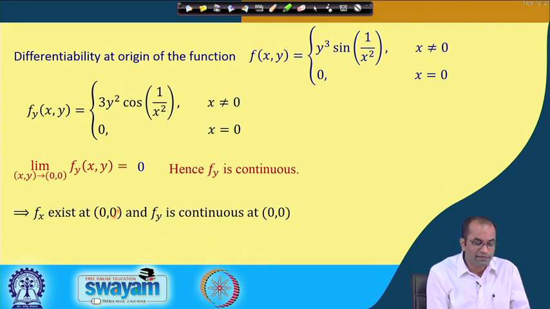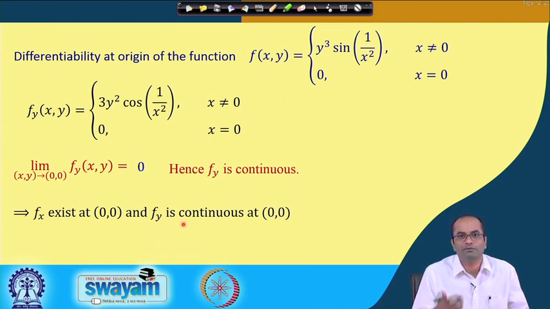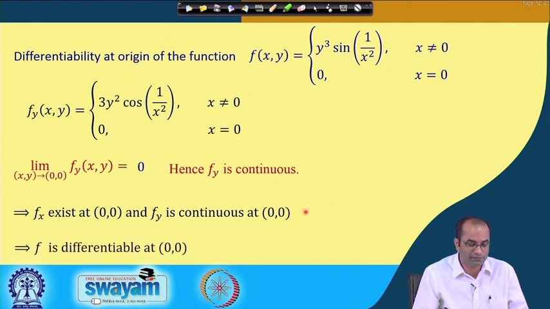So, in this case f_x and f_y obviously both exist there, and on top of this we have the continuity of f_y, one of the first order partial derivatives, and then we can claim that the function is differentiable based on the sufficient conditions of differentiability.